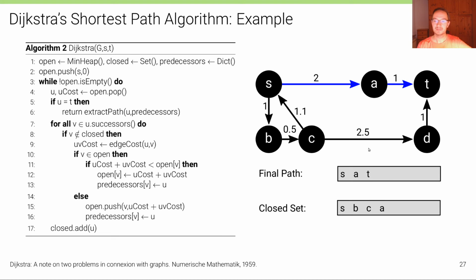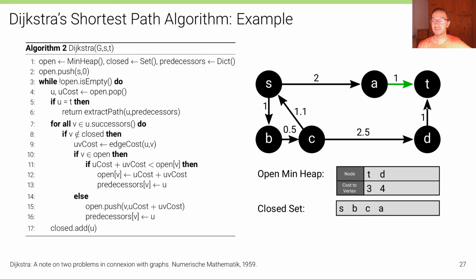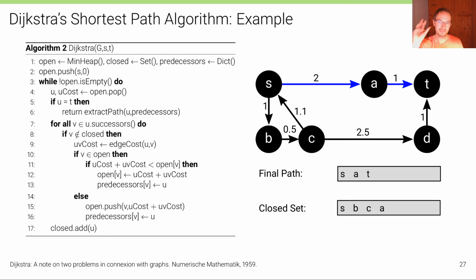Note that we didn't need to consider the edge D to T, because if the cost to vertex D is 4, then moving through D to the sink is suboptimal, because we already found a path that's shorter. So we don't need to process this edge at all. This is the core idea of Dijkstra's algorithm.